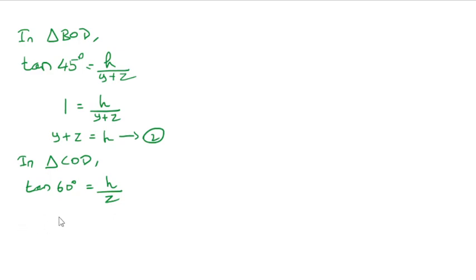So tan 60 degree is nothing but square root of 3. Everyone must know the table values of tan, right? So we cross multiply this, z equals h over root 3. This is equation 3. So we have 3 equations.